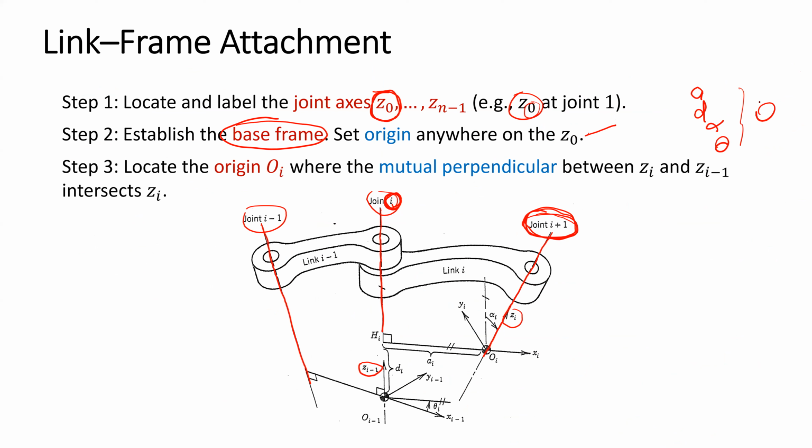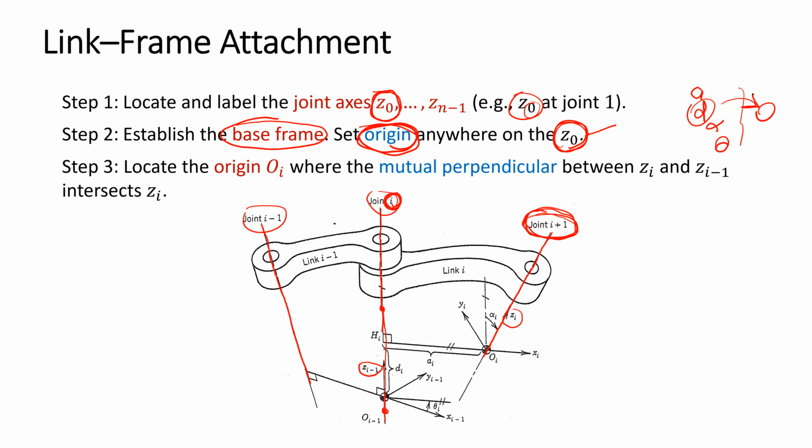You have many ways to select the origin along the Z0 axis. You can put the origin of frame 0 anywhere on the Z0 axis, but you should put it at the place that makes these parameters become 0, so that we can reduce the complication in the matrix computation.